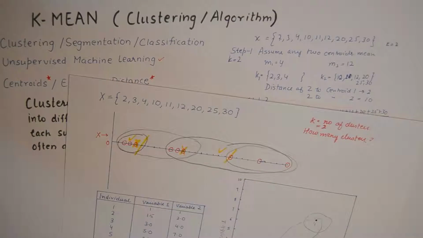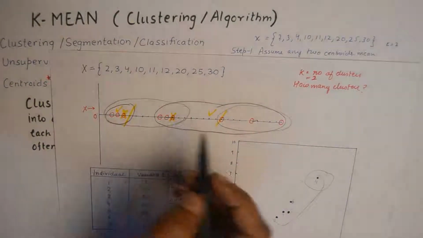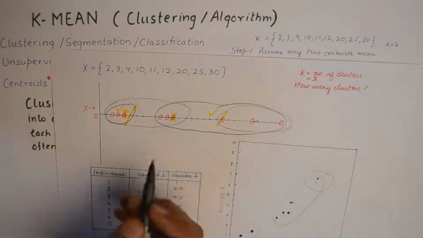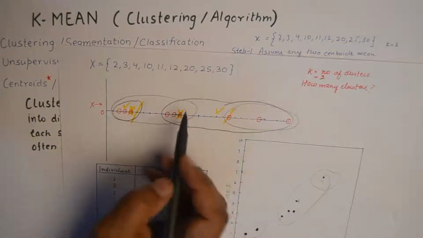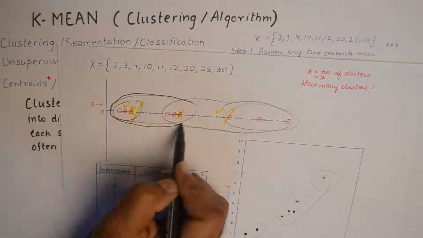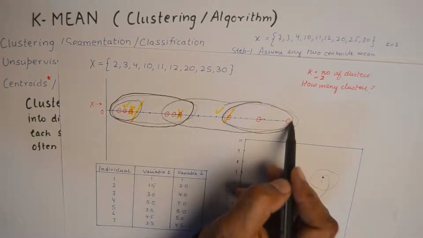Now incidentally, if you look at this feature space, initially even our eyes were inspecting the same thing. We were also segregating these 6 data points as one cluster and these 3 data points as the other cluster.